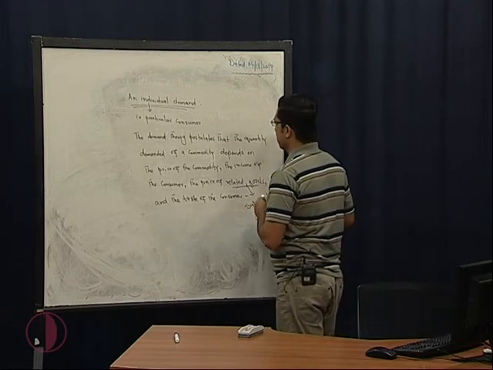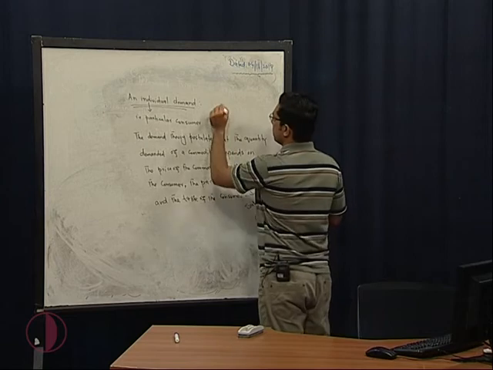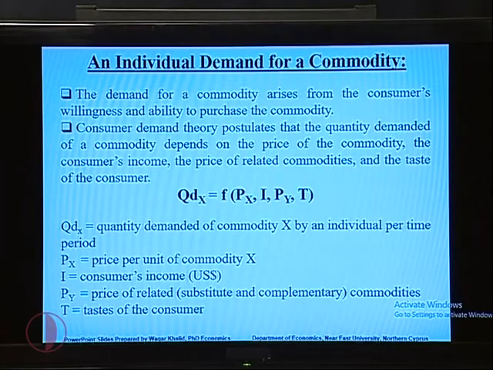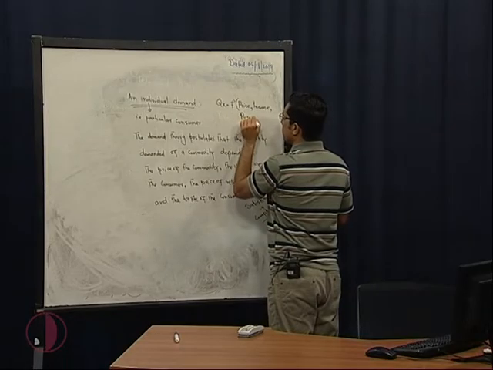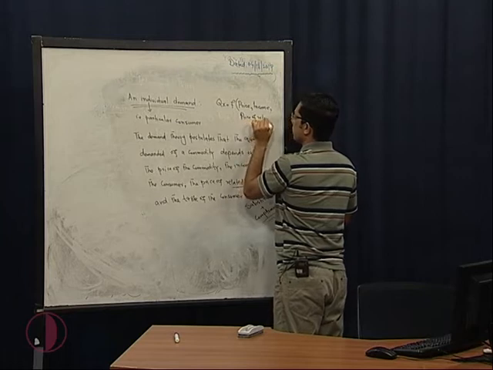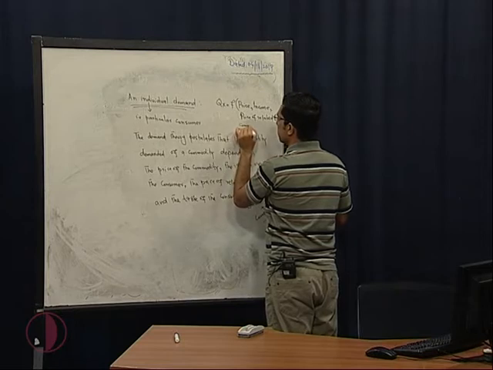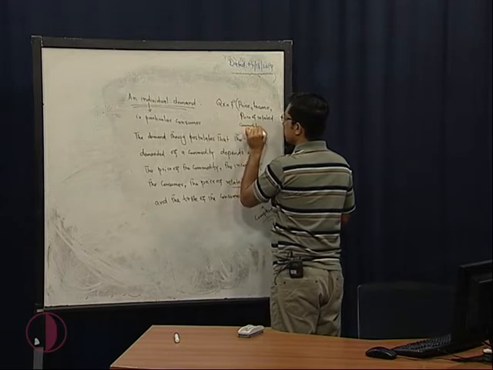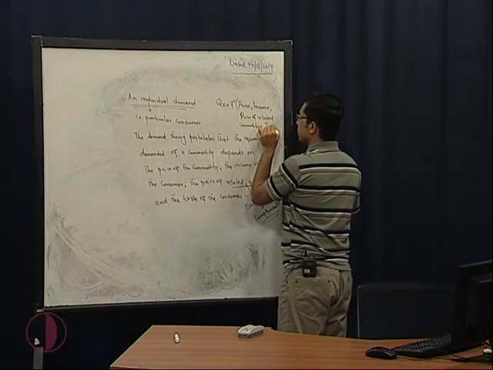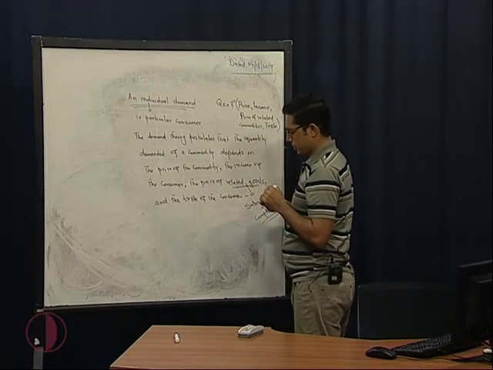It means that quantity demanded is a function of price, income, price of related goods and taste.